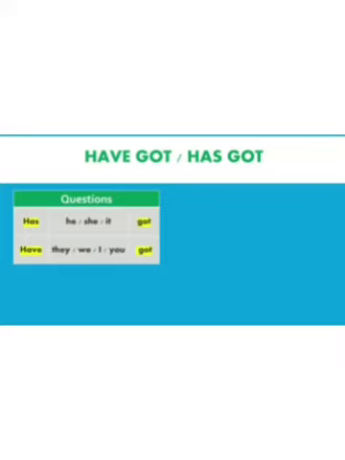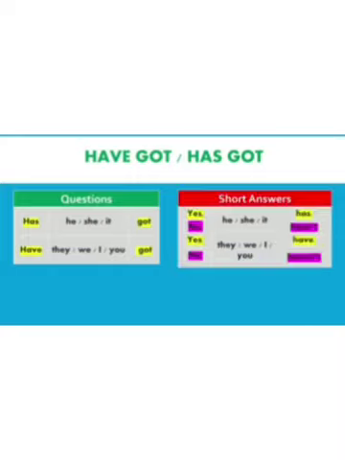And the same thing goes for they, we, I, you, we use have. And for short answers, if we want to answer yes, then for the subject pronoun he, she, or it, we use has. No, he, she, or it hasn't. And for the subject pronouns they, we, I, you, the same thing. Yes becomes have. No becomes haven't.